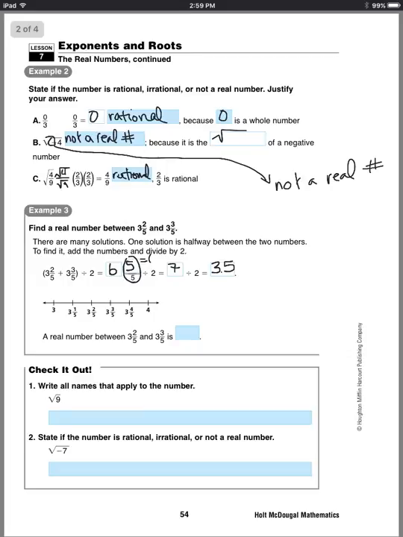So we have that marked, and 3.5 is directly in between them. So, a real number between 3 and 2/5 and 3 and 3/5 is 3 and 1/2. Alright, that's all we got for this lesson.